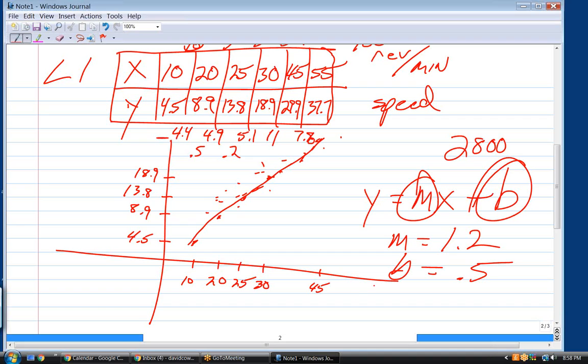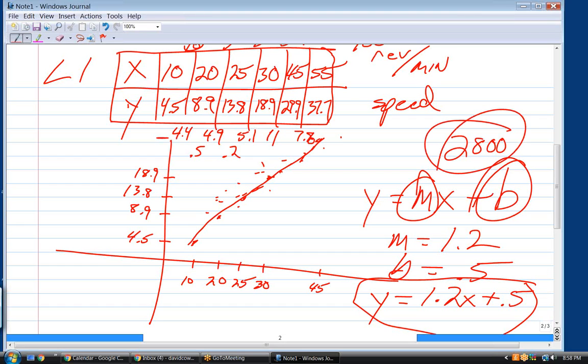So I would come up with the equation of the line is 1.2x plus 0.5. And then when it says make a prediction based on 2800 RPMs, plug that in for X, and the answer is whatever Y is.